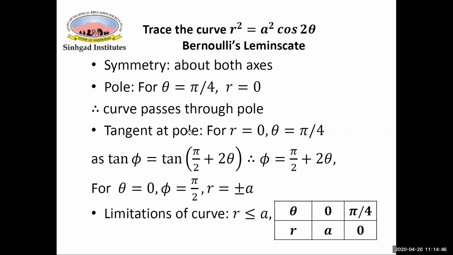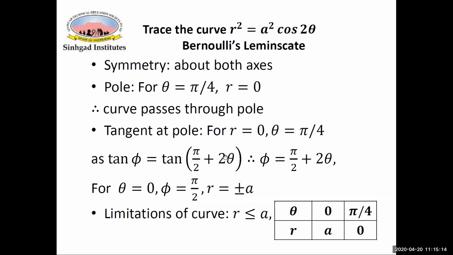Now to find the tangent at the pole, substitute again r equal to 0. We'll get pi by 4. Find the angle made by this tangent. For that, we need to determine tan phi. What is the formula for tan phi? r d theta by dr. When you substitute the value of r d theta by dr, you'll get tan of pi by 2 plus 2 theta.